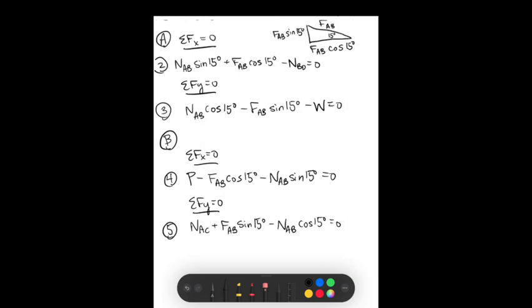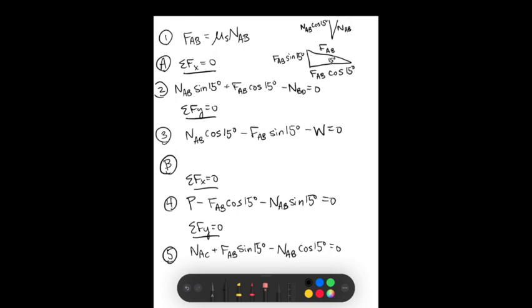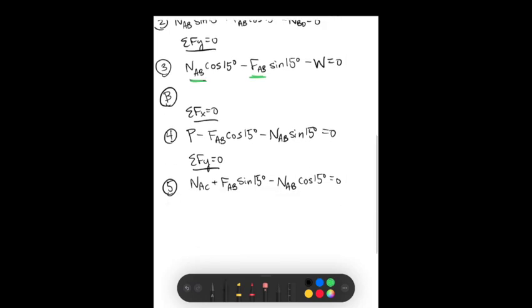Okay, so moving on, we have to now combine some of the equations. So if we look at equation 3 here, I see that we can solve for NAB by combining equations 1 and 3. So we'll bring together equations 1 and 3.